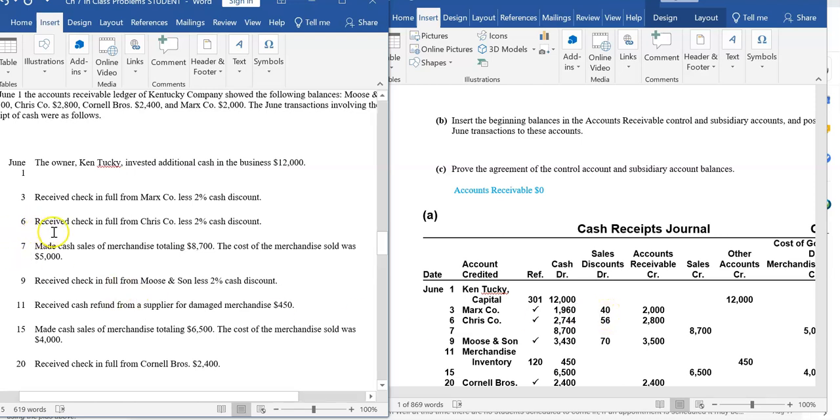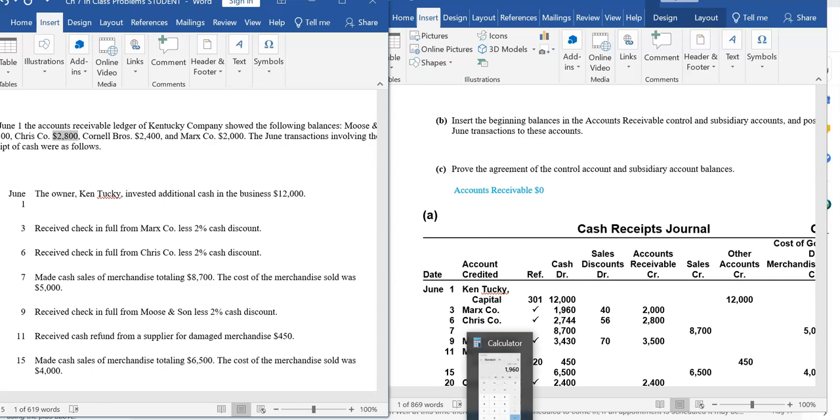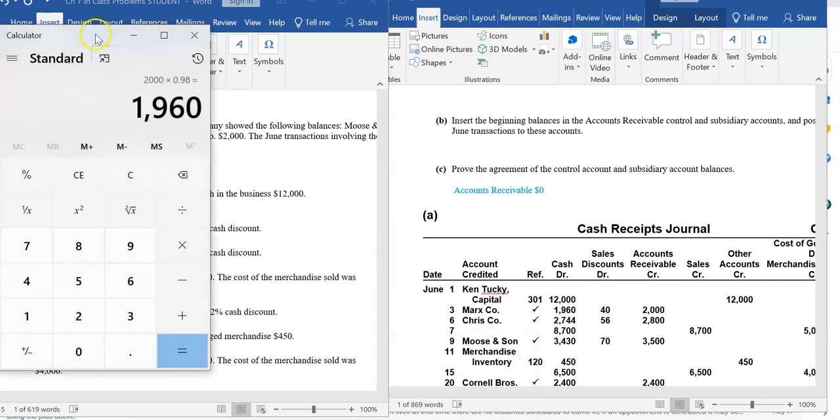On the 6th, we received a check in full from Chris Company, less the 2% cash discount. Chris Company owes us $2,800. They are paying within the discount period. So of the $2,800 that they owe, they're only going to pay us 98% of it.